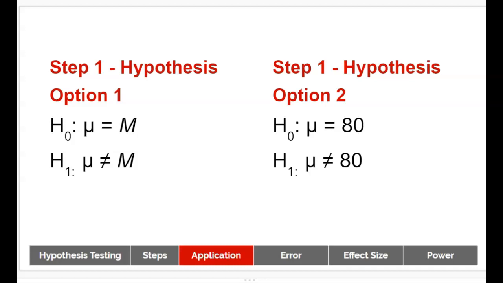specifying that population value, but knowing my hypothesis is all derived around the addition of blueberries, the treatment of blueberries. And so I can say mu is equal to 80, mu is not equal to 80. And again, that value of 80 is that population mean, right?